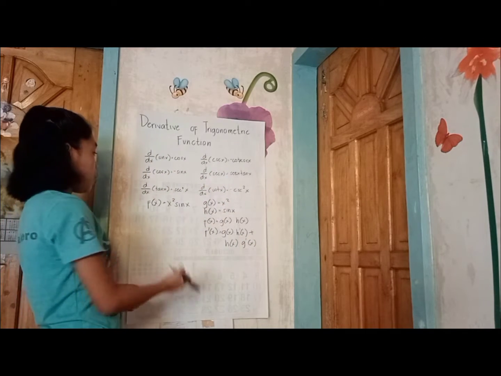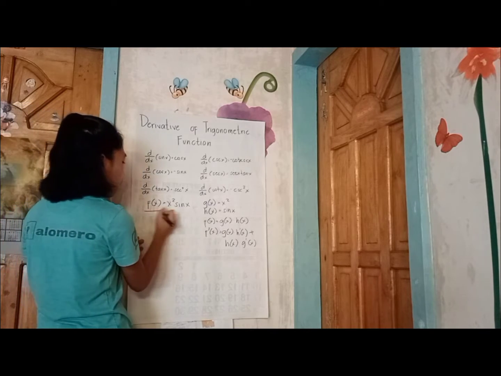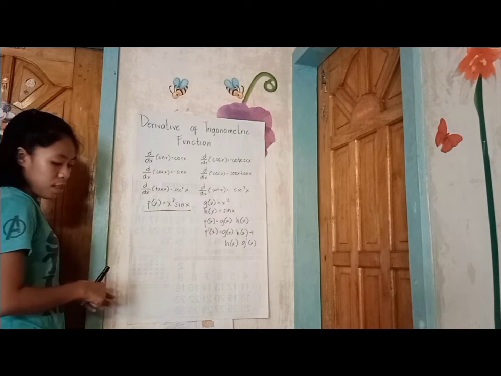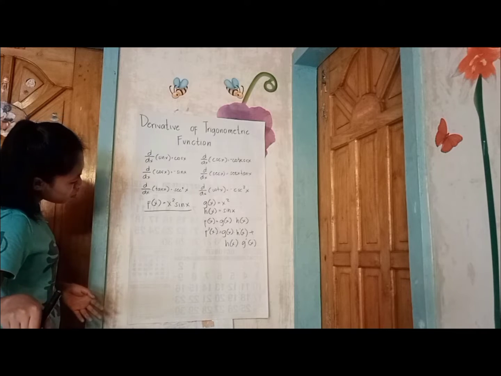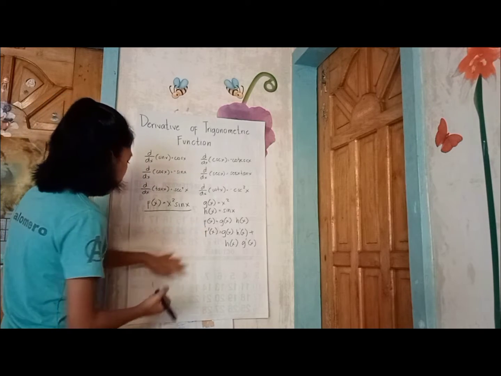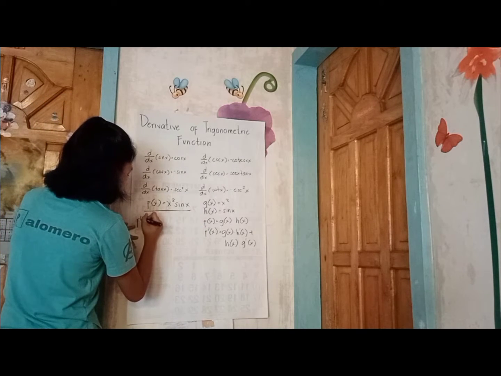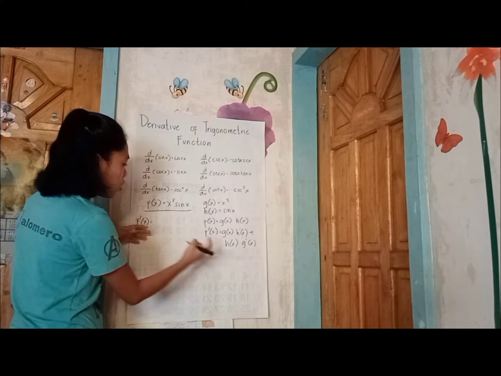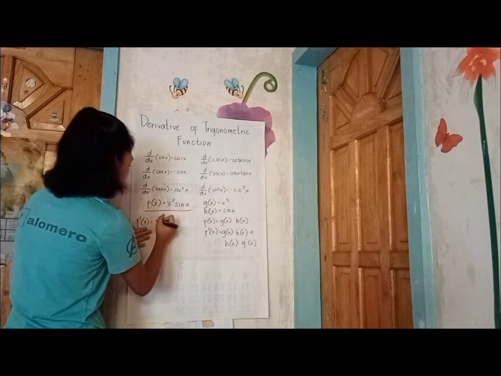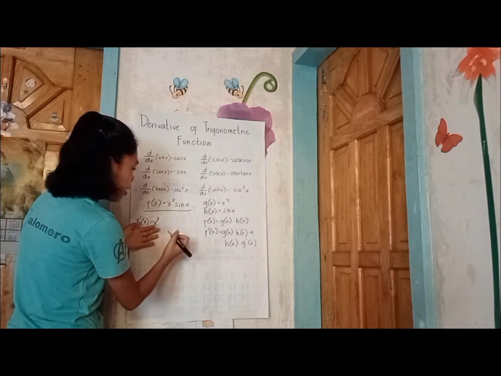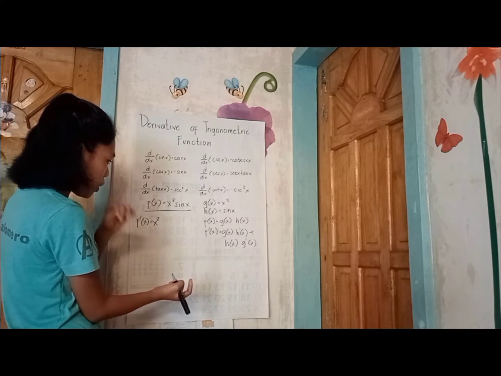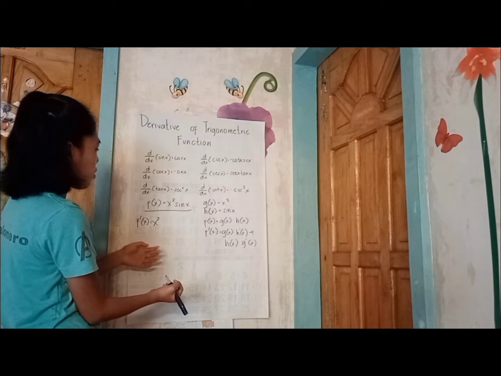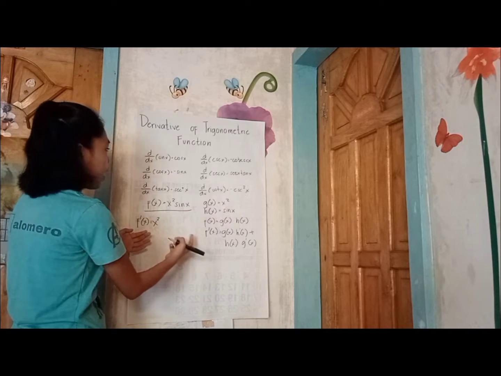Then we will put it into our example, which is f of x is equal to x squared times sin x. Therefore, f prime of x is equal to g of x, which is x squared, times h prime of x, which is the derivative of sin x.